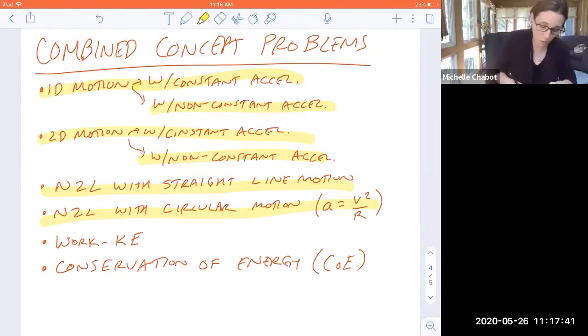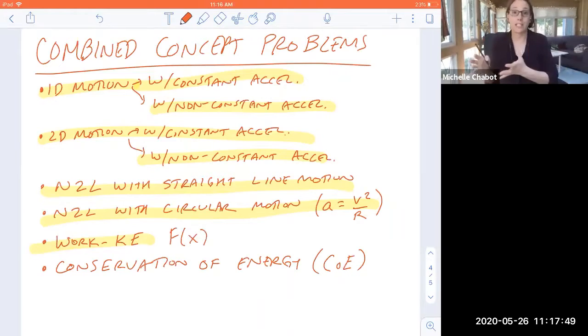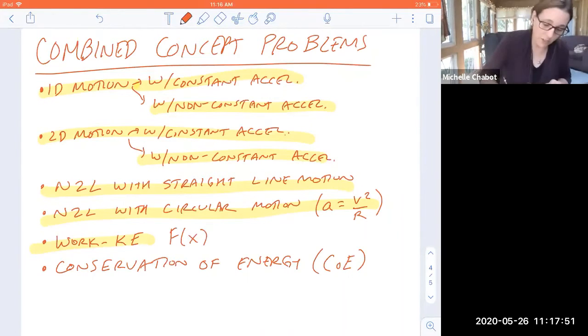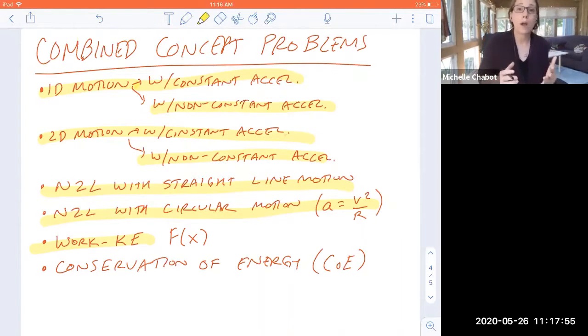Then, in the previous module, we learned about the work kinetic energy theorem, which was for when you have a force that depends on position, so we could analyze those situations. And in this module, the main problem-solving technique that we have used is the conservation of energy, which I will often refer to as just COE.